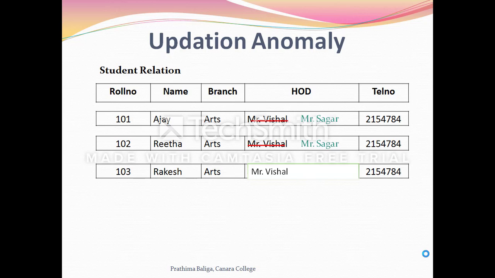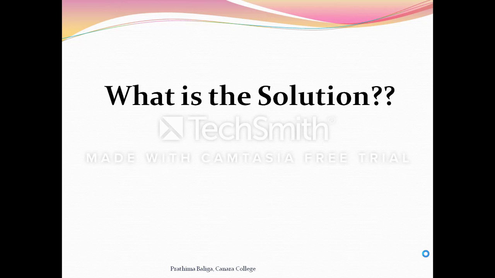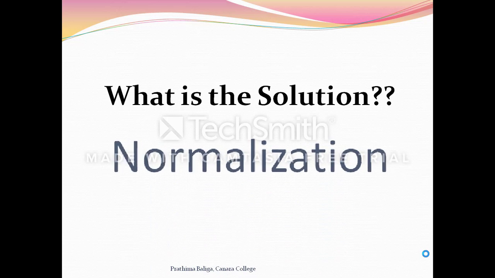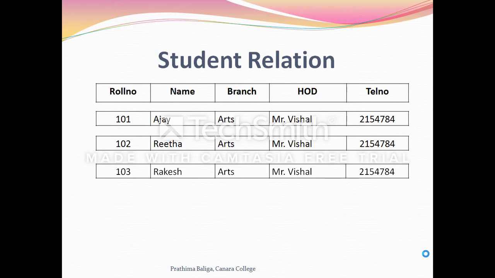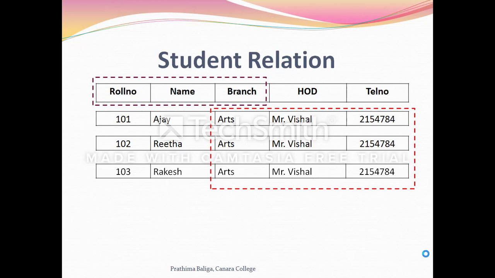How do we overcome this problem? What is the solution? The solution is nothing but normalization. In the student relation, we have repeated many things unknowingly and unintentionally by saving two different pieces of information, that is student information and branch information.